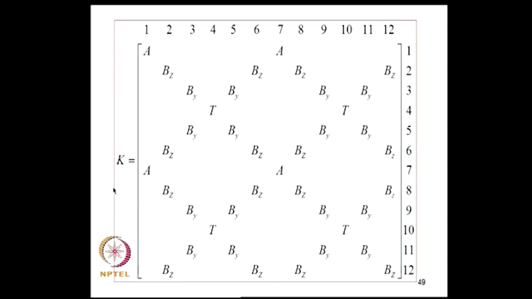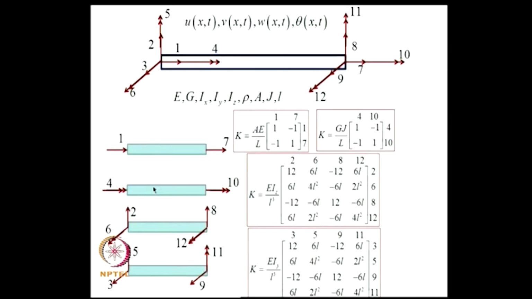So, if we club all this and put it in the 12 by 12 matrix, we can populate this matrix by the actual values, that we will be doing in the next class. But for the present, we can see what is the structure of this matrix. If you now look at 1 and 7, this is axial degrees of freedom.